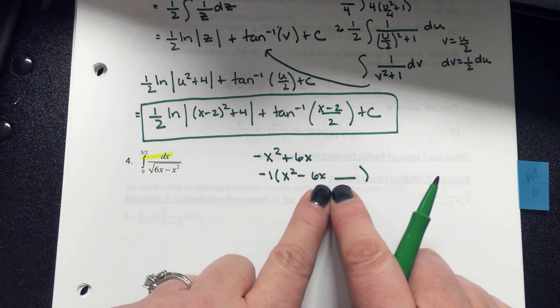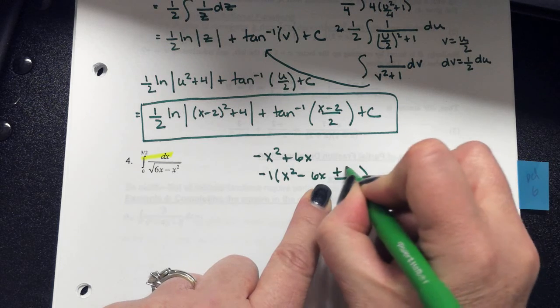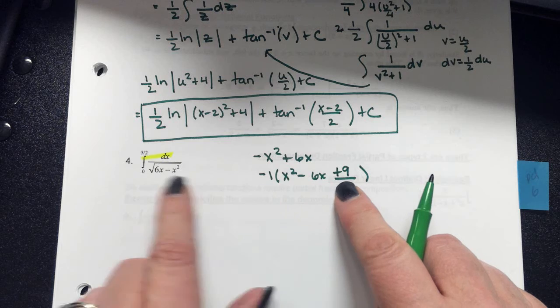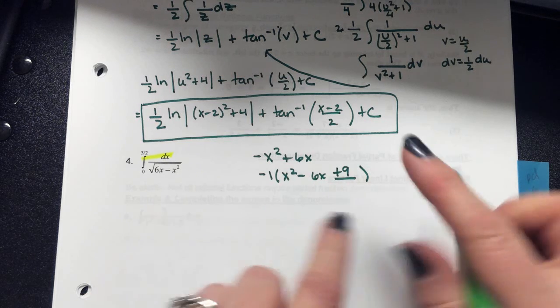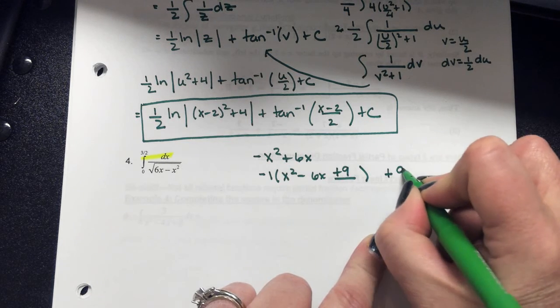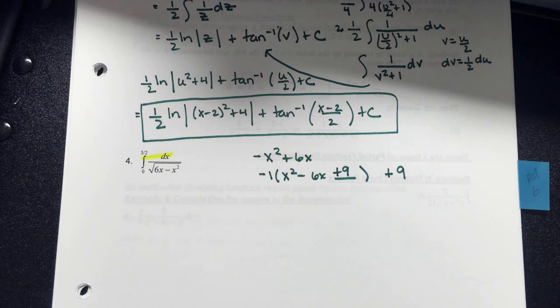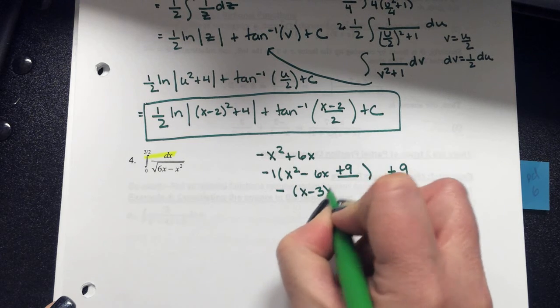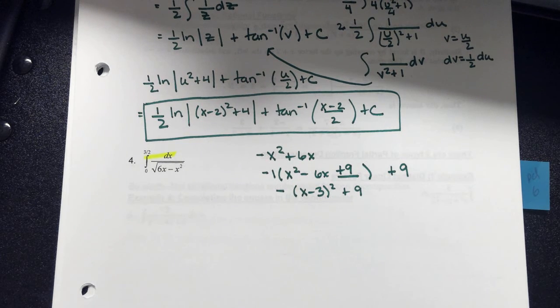I'm going to have to add a 9. But I really didn't add 9, I actually subtracted 9. So to keep this in balance, I'm going to have to make sure I add 9 on the outside. So when I factor this, I've got negative x minus 3 to the second plus 9.